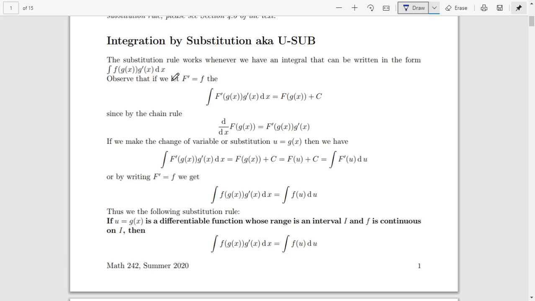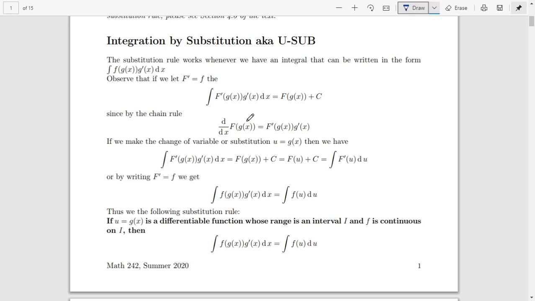Here we can observe that if we let f be big F prime, then this integral can be written as big F prime of g of x multiplied by g prime of x dx. And this is just like differentiating the function big F, because by the chain rule, if we have a function big F of another function g of x, when you differentiate that, you differentiate the outer function first and then the inner function using the function of a function rule.